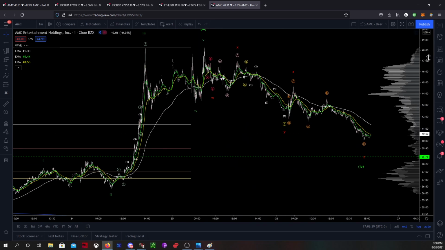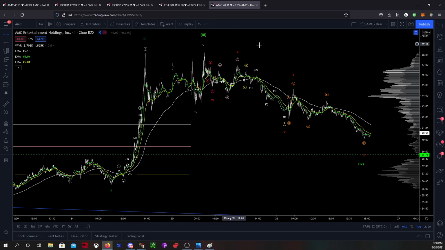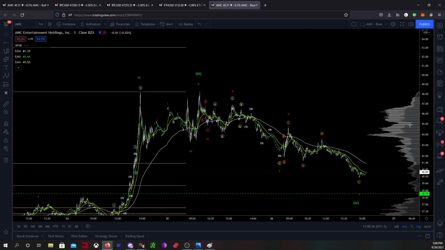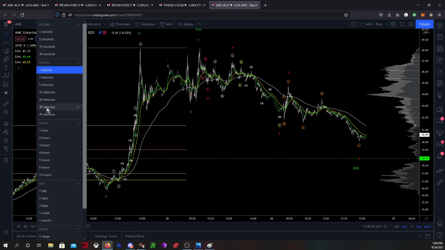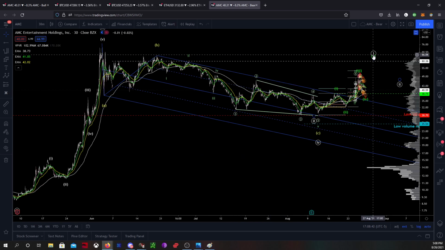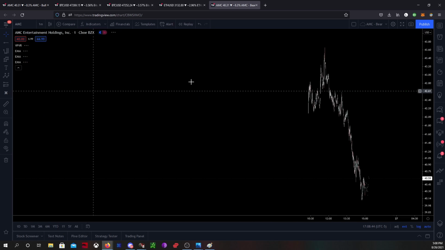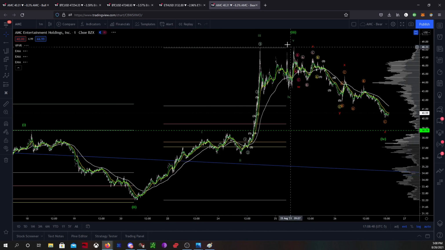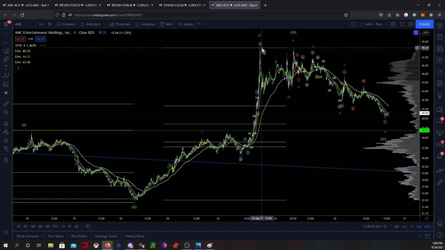So somebody was asking me whether I thought that we'd completed the 1. I'm assuming he's talking about, well, I don't know where it is now, dang it. The larger one up here. And the answer is no, we haven't, because what it looks like to me is that we've put in the fifth of the third, because it did go a hair past the high.